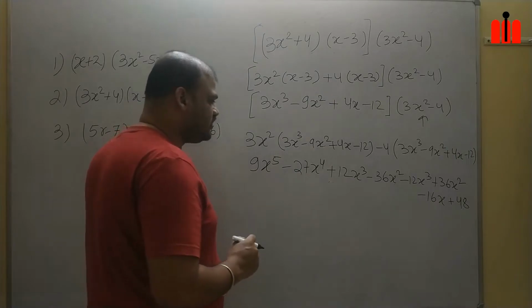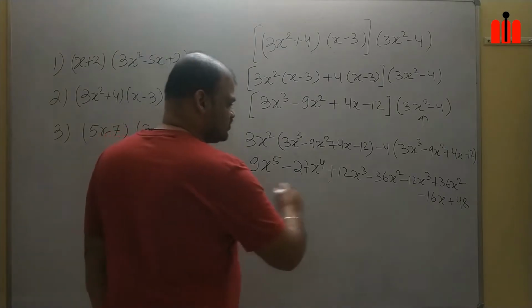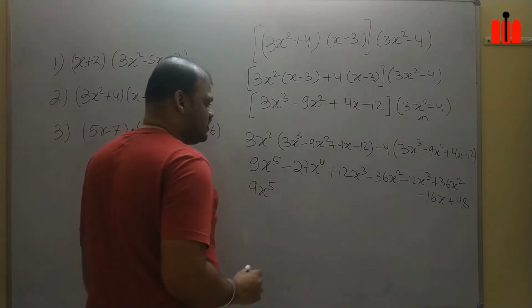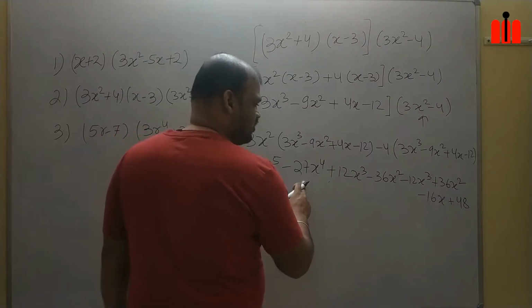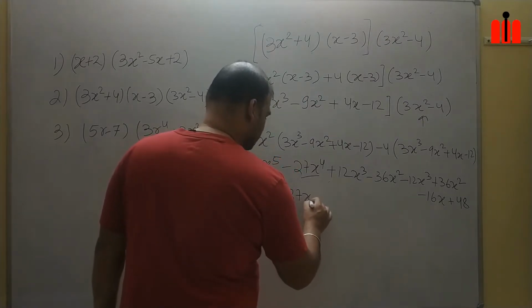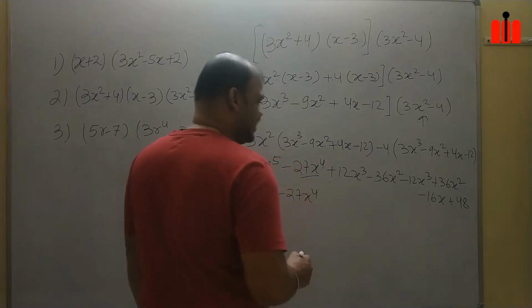Okay, now is there any term with x⁵? No other term, so it will be 9x⁵. Is there any term with x⁴ other than this? No, so minus 27x⁴. Is there any x³ term?